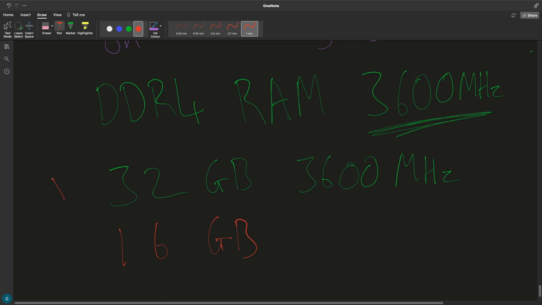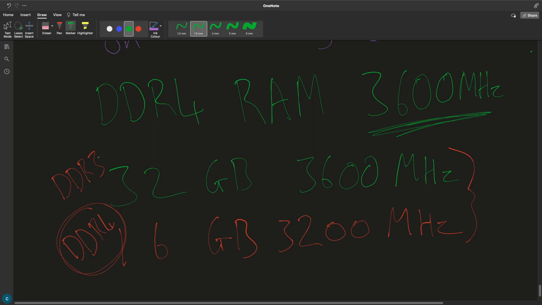So let's say that this is DDR3, this is DDR4. You might get 16 at sort of 3,200 megahertz. This you might find runs faster. So the DDR4 one might run faster than the DDR3 one.